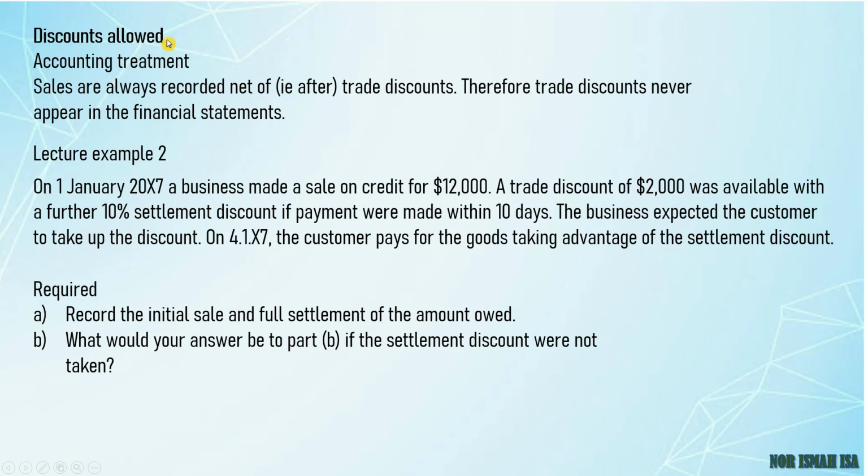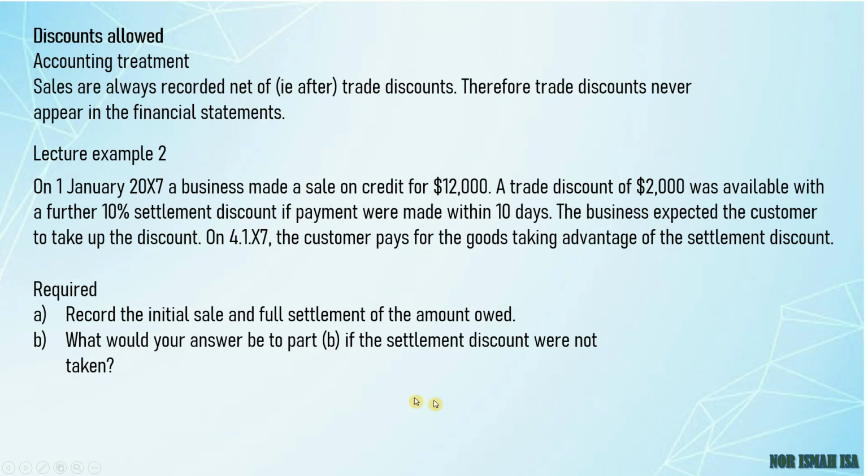Okay, this is discount allowed accounting statement. Sales are always recorded net after minus the trade discount. Therefore, the trade discount never appeared in the financial statement since the discount allowed.